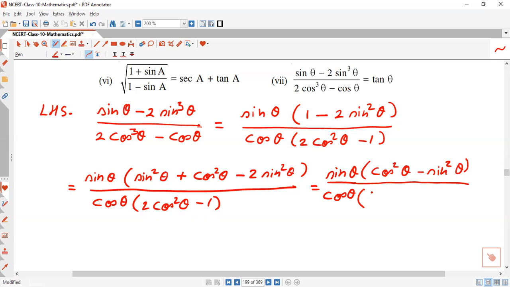There is no need to change the denominator.